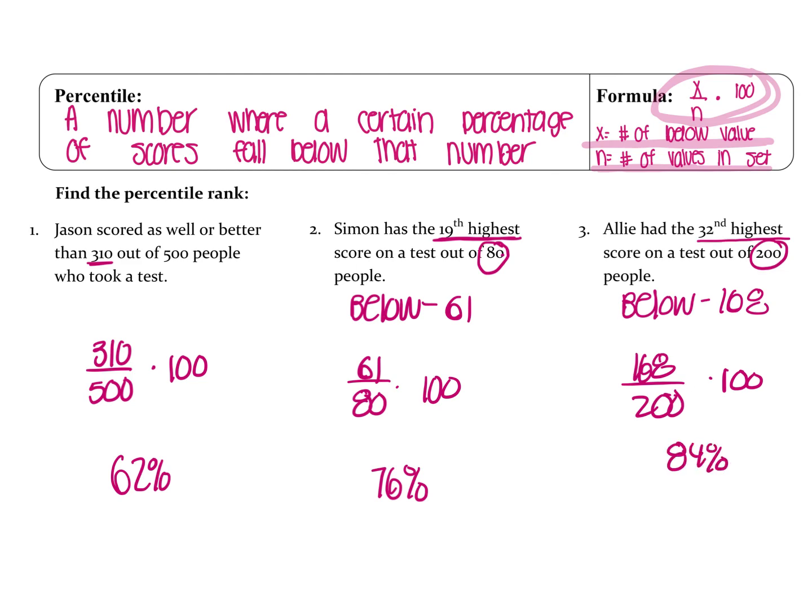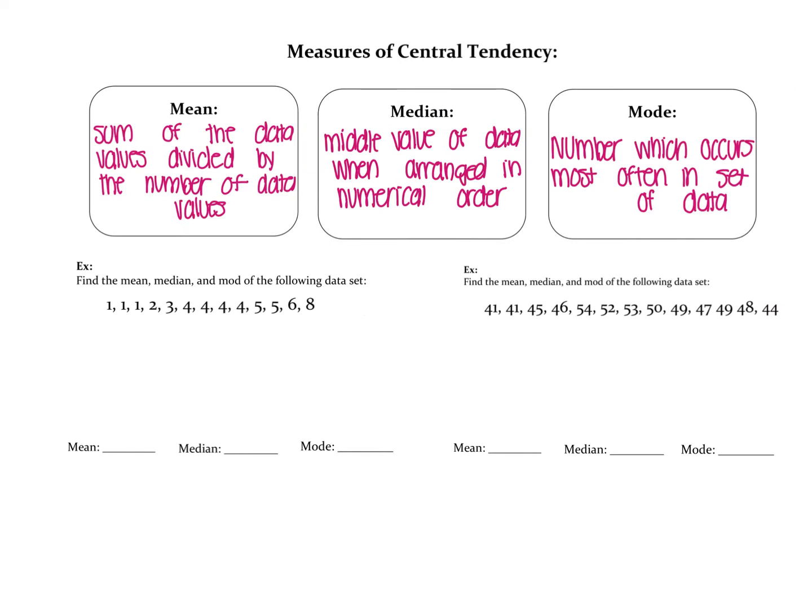All right, last thing we're going to talk about here is measures of central tendency. This is stuff hopefully that seems familiar. We've hopefully been talking about this for a while. Measures of central tendency are mean, median, and mode, all numbers that talk about the central values of your data. Mean is the sum of the data values divided by the number of data values you have.